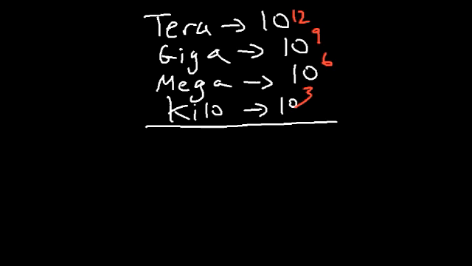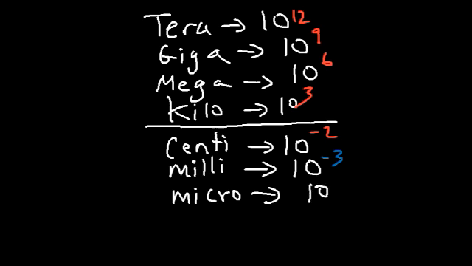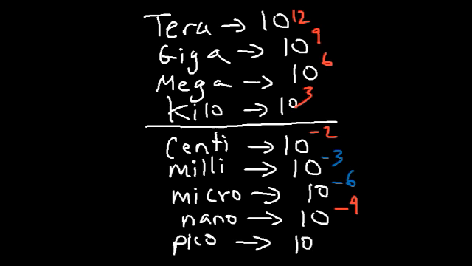And below that, you have deci, which is 10 to the minus 1, and then centi, which is 10 to the negative 2, and milli, which is 10 to the minus 3, and then micro, which is 10 to the negative 6, nano, that's 10 to the negative 9, and pico is 10 to the negative 12.